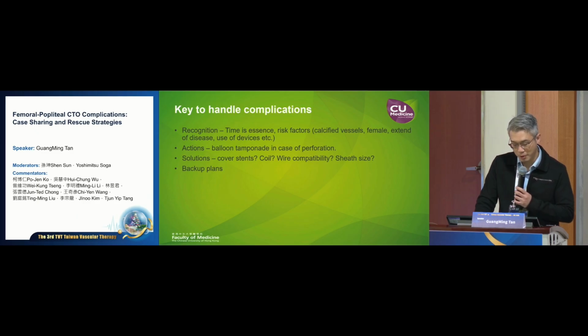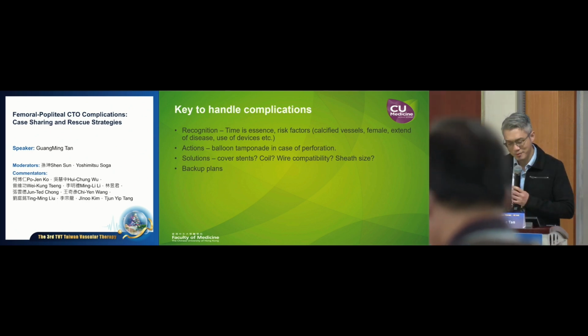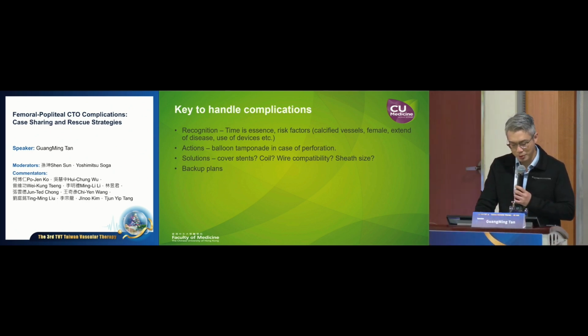For most of the perforation cases, balloon tamponade is probably the immediate action you can take to stop the bleeding from the perforation site. And while the balloon is up, while you are preparing the device, you can think about what will be the solution to treat the complication: whether the lesion is at a bifurcation or suitable for covered stenting, or whether it's a terminal artery where you can deploy coil embolization of the perforation.